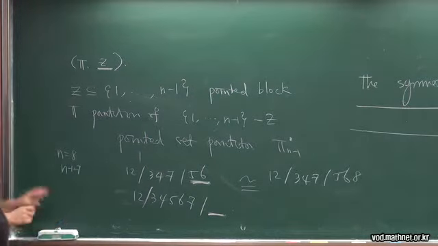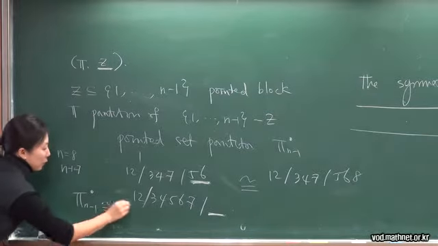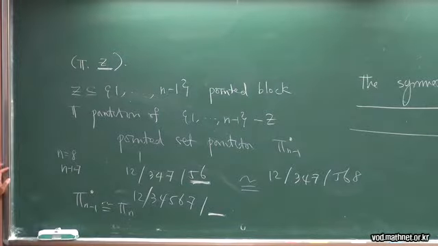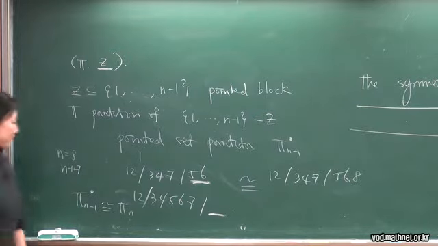So actually, Pi_{n-1} with the pointed block is the same thing as Pi_n. But I don't want to use a fixed n for all the proofs, so I will use the pointed set partition instead.